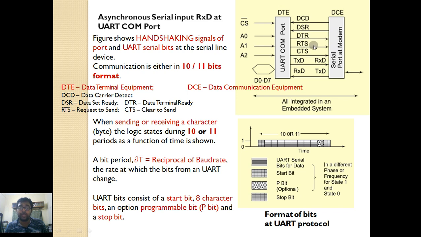That's why it is request to send. And DSR will be data set ready. Now this is the response to that. Data set ready is the response that will be transferred from the serial port at the modem to the UART communication port. DCD is the data carrier detect. If the data has a carrier, the data carrier detected signal will be transferred from the serial port at the modem to the UART communication port.